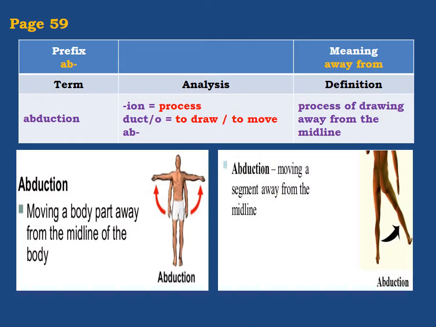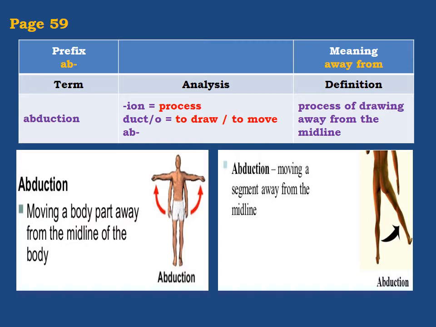Now the next prefix is ab, and ab means away from. Now away from here is not clear, but let's see the pictures given here. First of all, let's see the meaning of the term, and then we come to the meaning of ab, how it changes when it is added to a term.